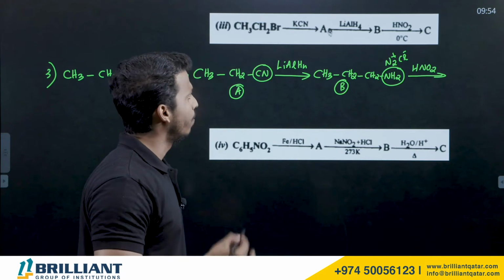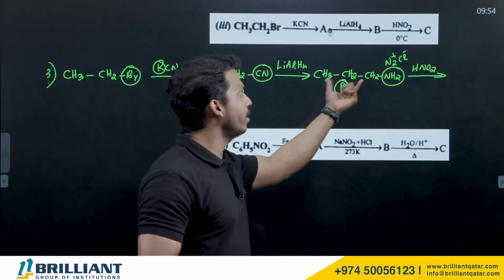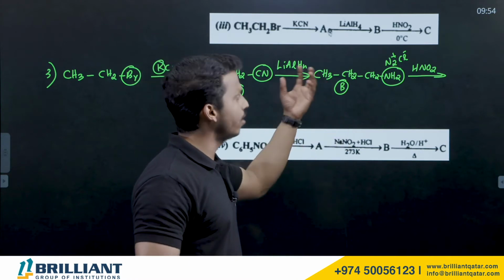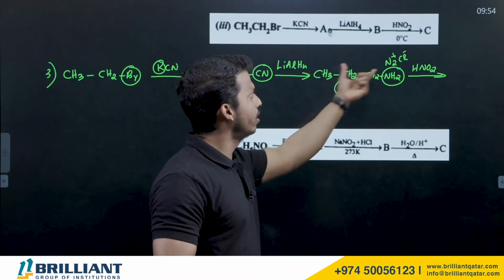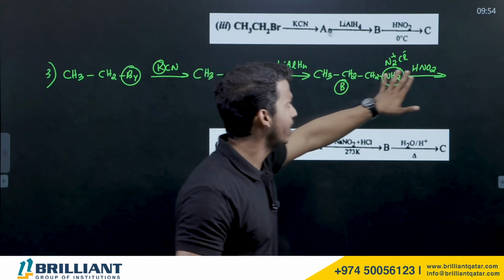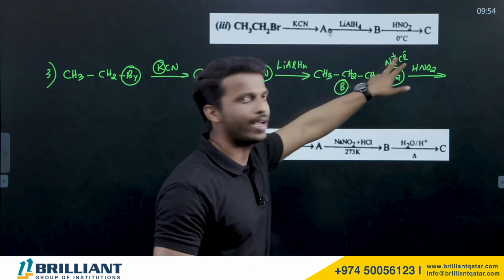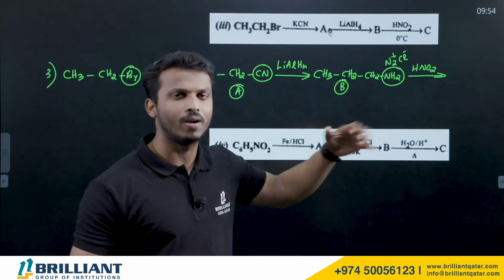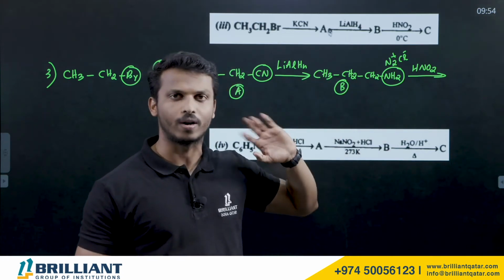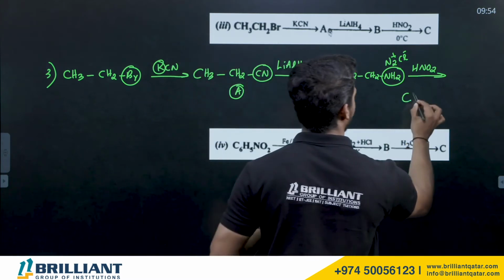Diazonium salt. But we studied that aliphatic diazonium salts are unstable. So when you treat an aliphatic amine with nitrous acid, you will get the diazonium salt, but it is unstable. Immediately it will give you alcohol. So directly we can write the final product as alcohol. What is the final product?